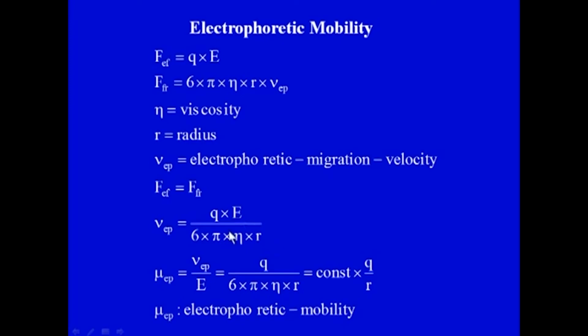This equation gives the electrophoretic mobility of a particular analyte or charge species, and all the factors like viscosity, particle radius, and so on have been taken into account here. All right.